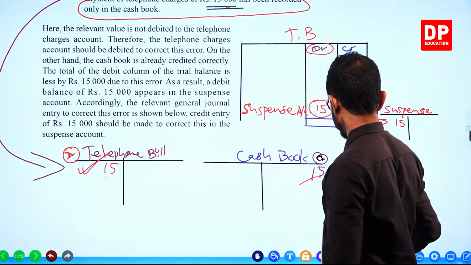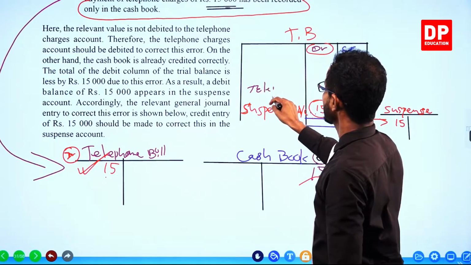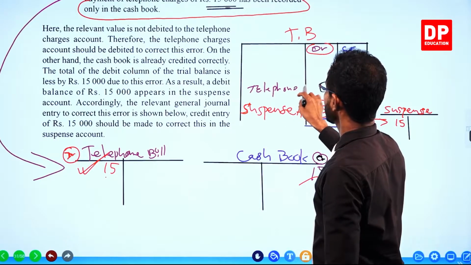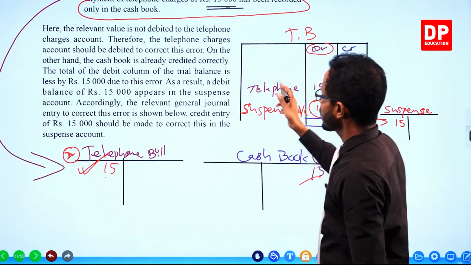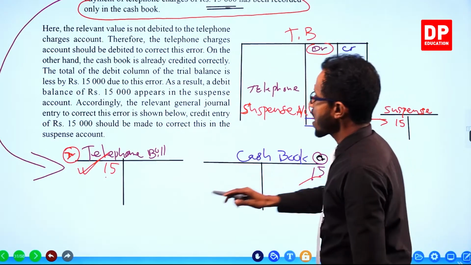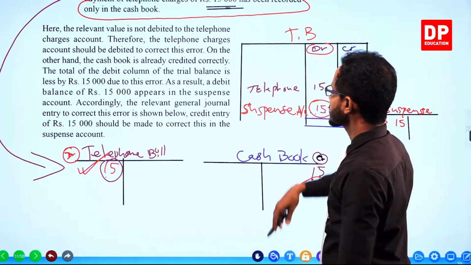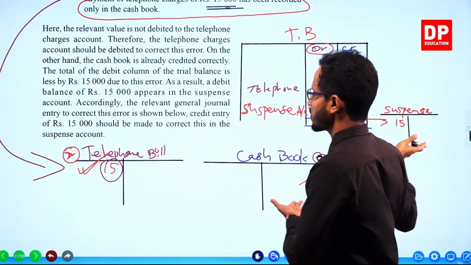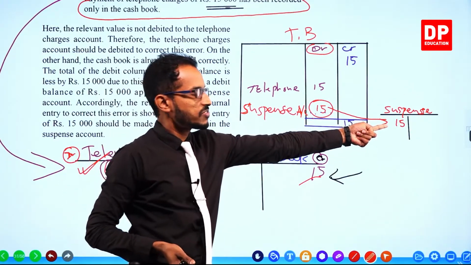After we correct it in our ledger accounts, we can enter the corrected account to the trial balance. So the telephone bill account is debited, and the double entry for that is suspense account must be credited, because in the suspense account the difference was recorded.